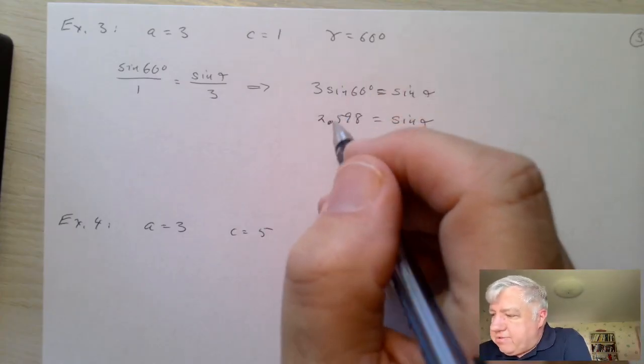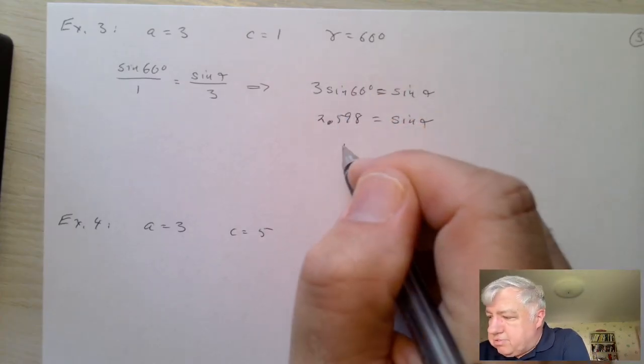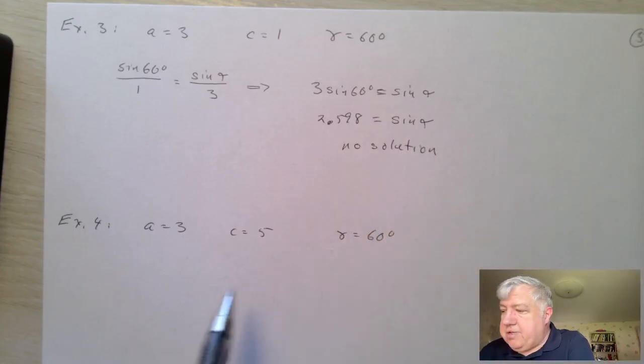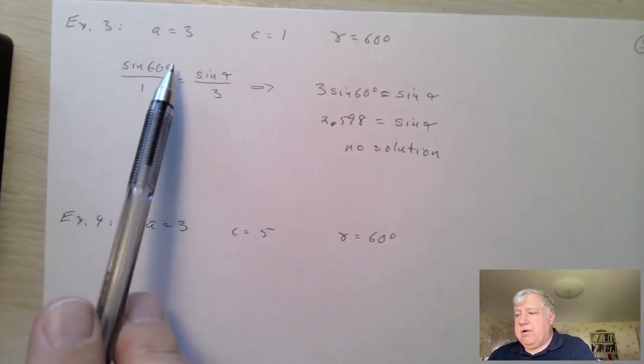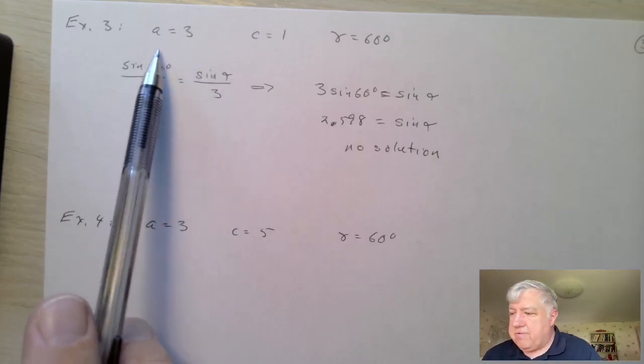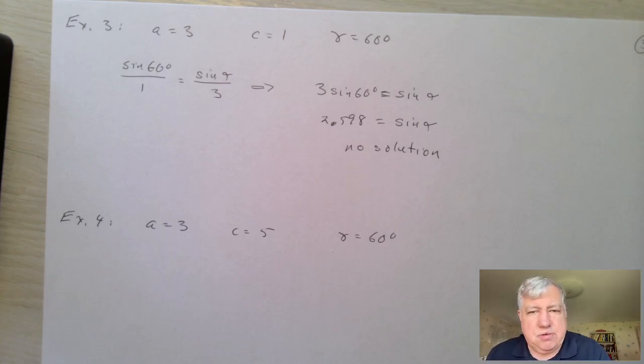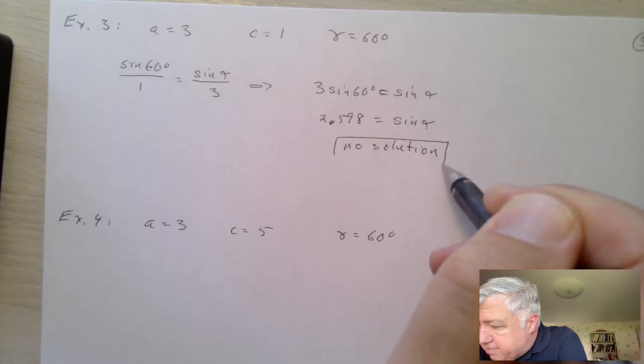So right now there's no solution in this case. There is no triangle with these two sides and this angle. If you try drawing a picture of this, you'll see why. Okay, so there's no solution in this case.